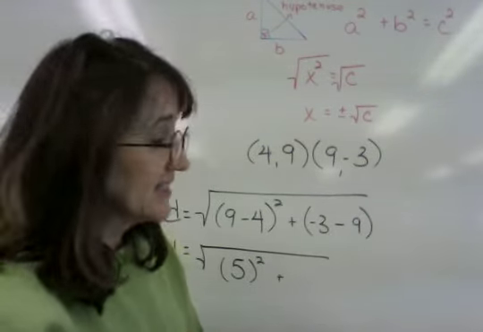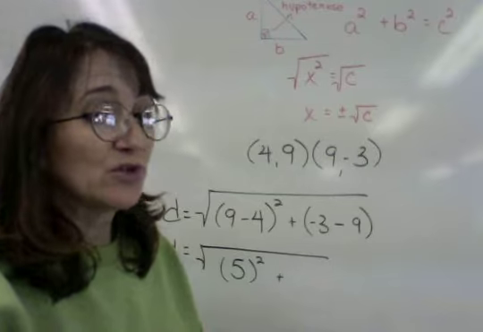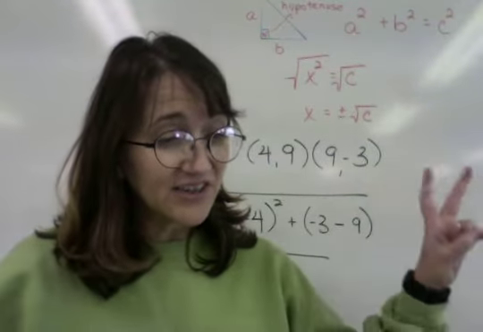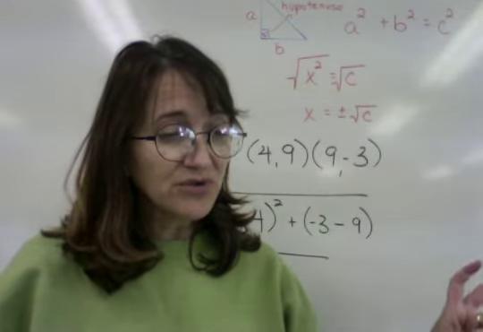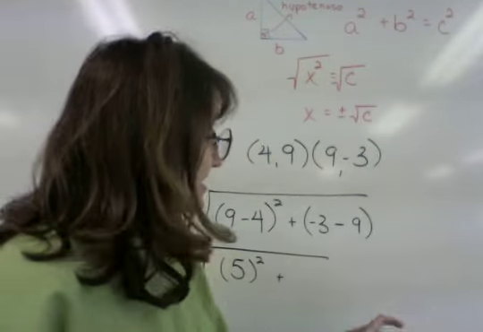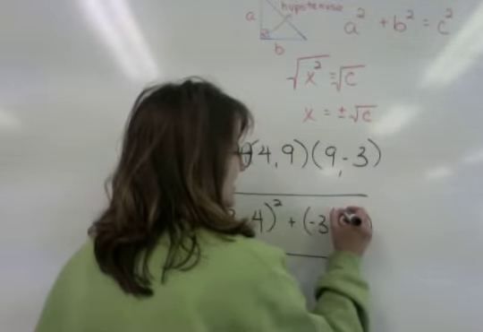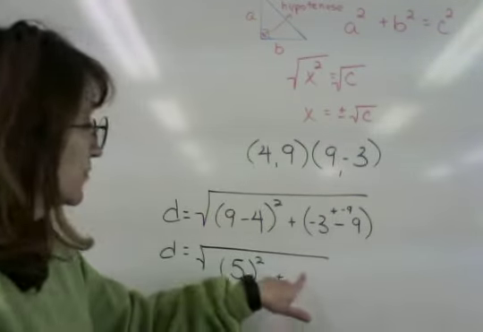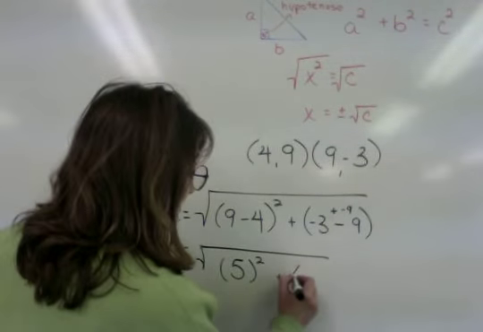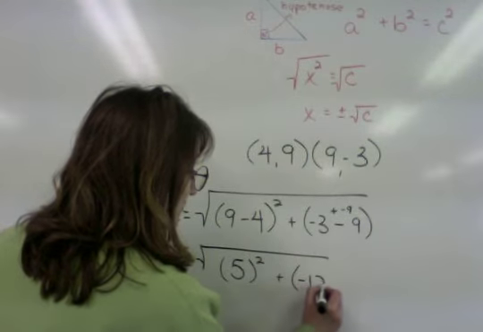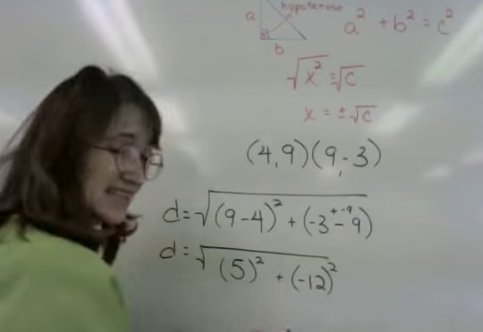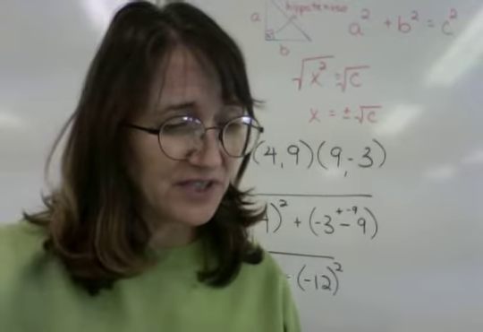Or what I could say is I have a -3 and I'm going to add the opposite, which would be adding a negative 9, which means this is going to become a negative 12. Kind of see what the concept is there?